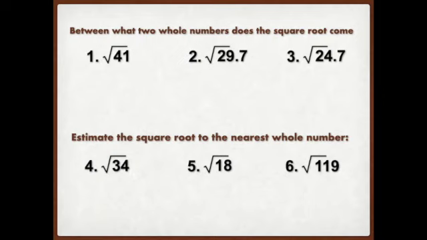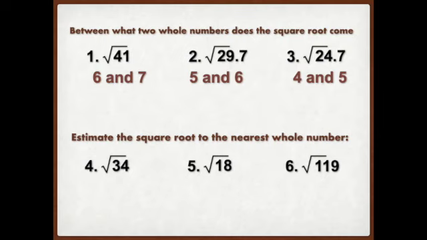Then for questions 4 through 6, I want to estimate the final answer, because 4, 5, and 6 are not perfect squares. We're going to estimate what would be the closest answer. Go ahead, pause this, and try it.